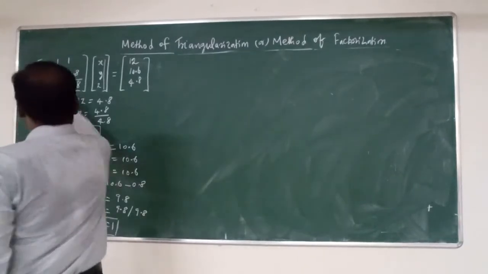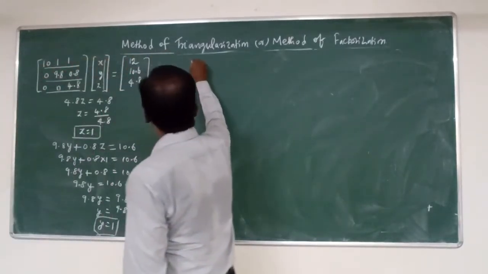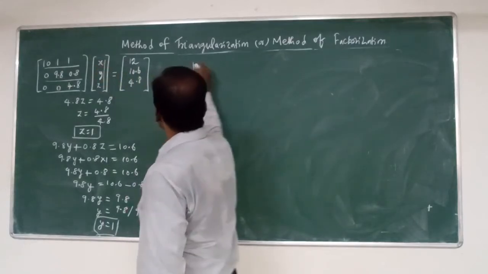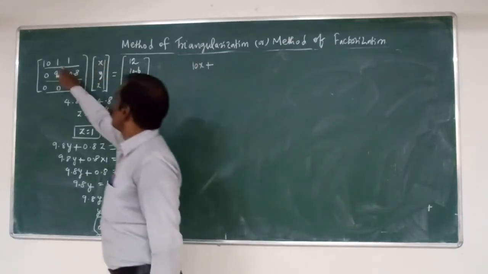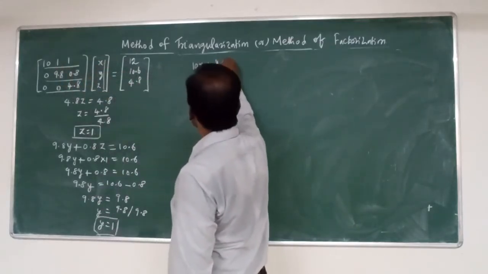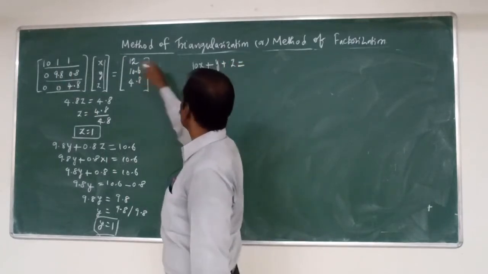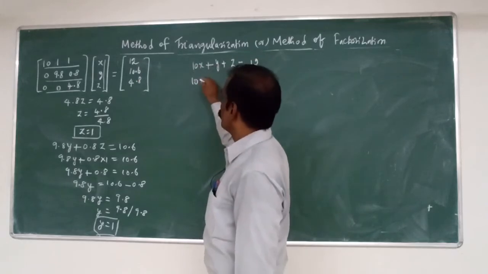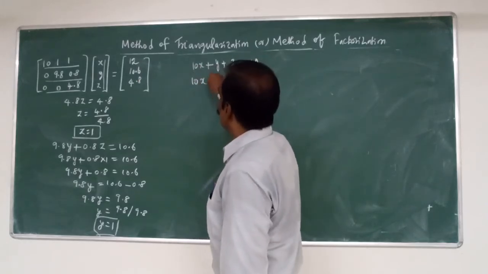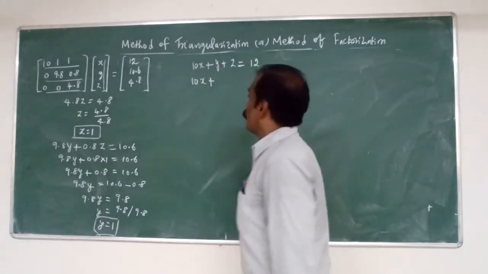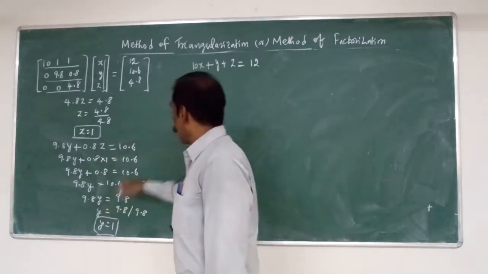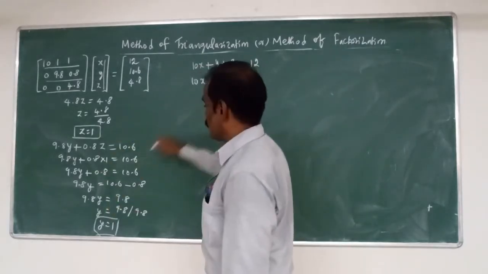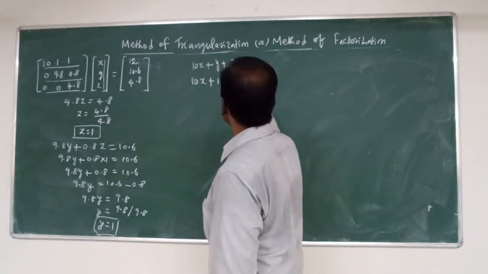Next, we take row 1: 10x plus 1y plus 1z equal to 12. Here 10x, the y value 1 plus the z value 1 equal to 12.